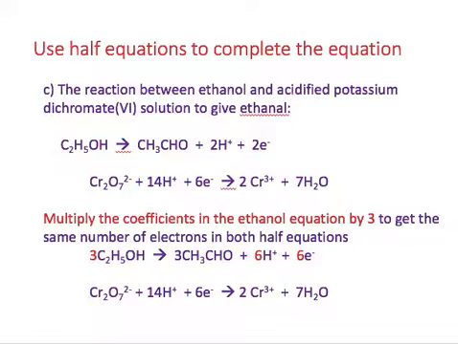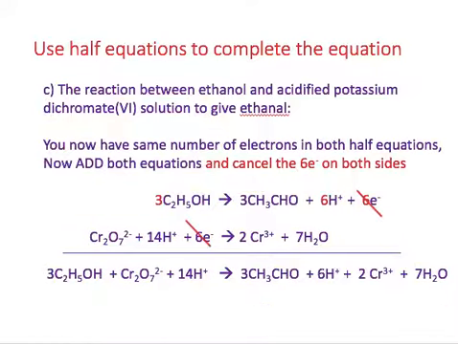So you've got 6 electrons in both, and you're then going to cancel those 6 electrons and add the 2 equations. That isn't the final equation, because if you notice, you've got H plus on both sides of the equation, and we just want them on one, obviously the left side, which has more.